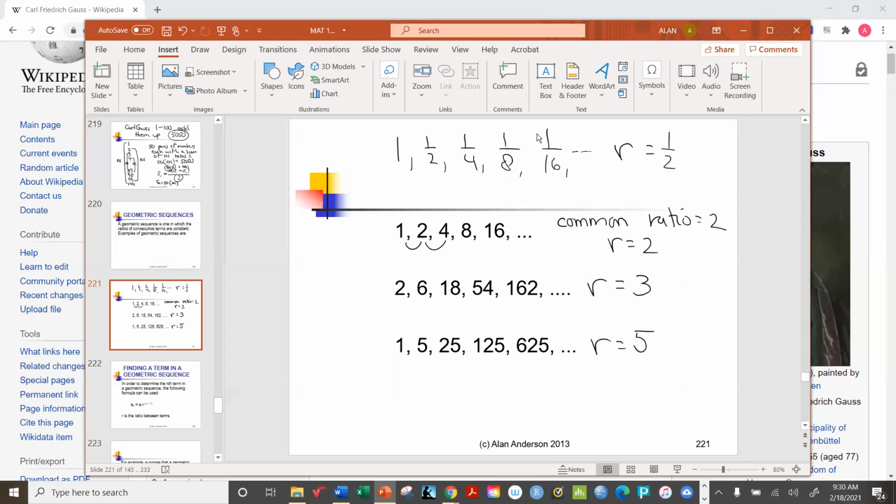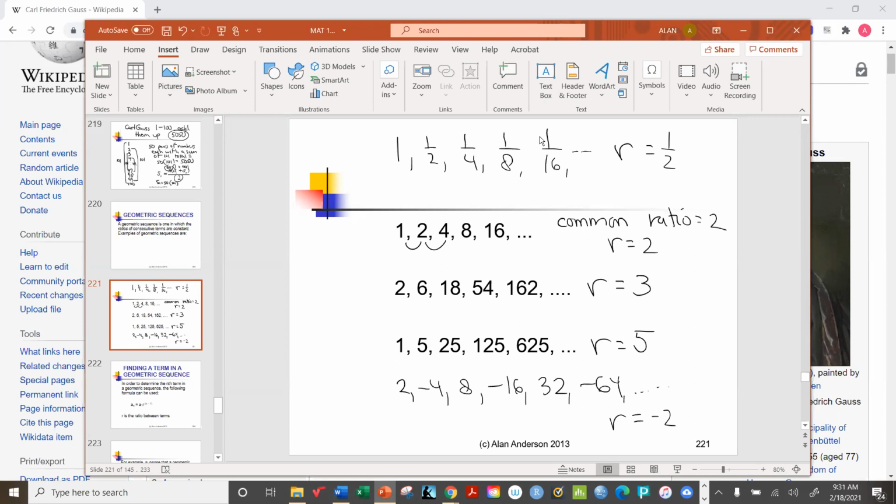Let's say I have something like this. 2, -4, 8, -16, 32. What's going on here? Why are they flipping signs like that? -2, precisely.